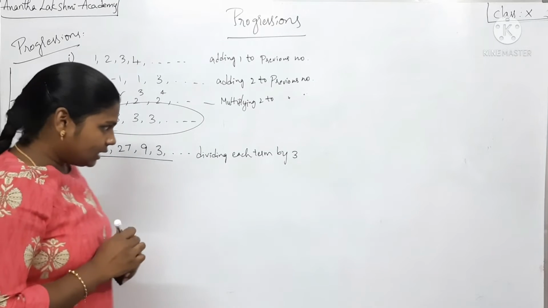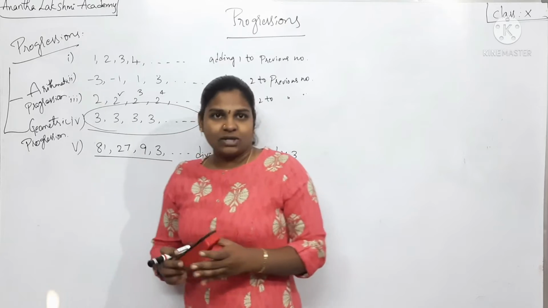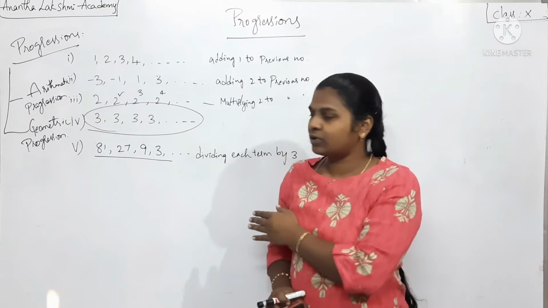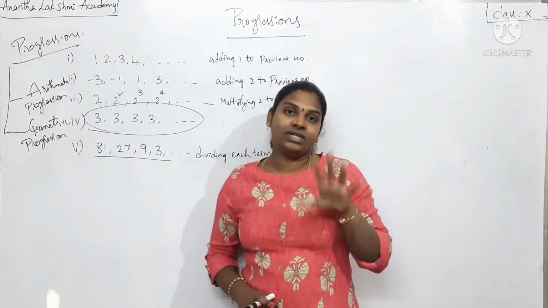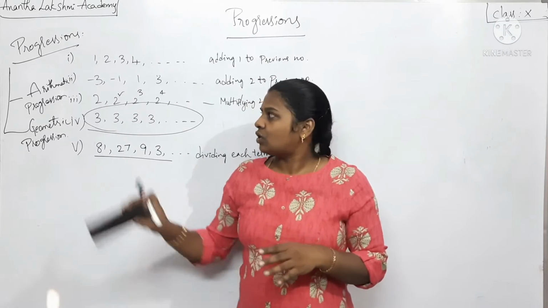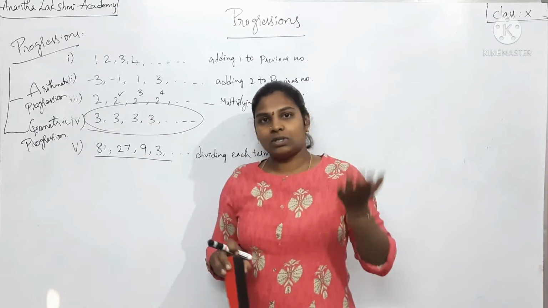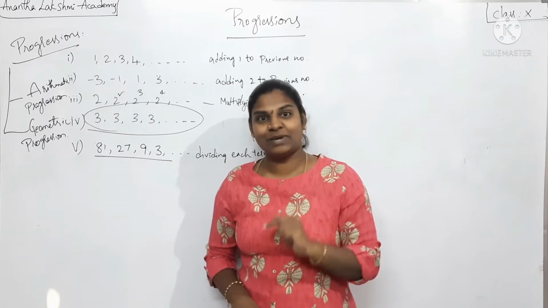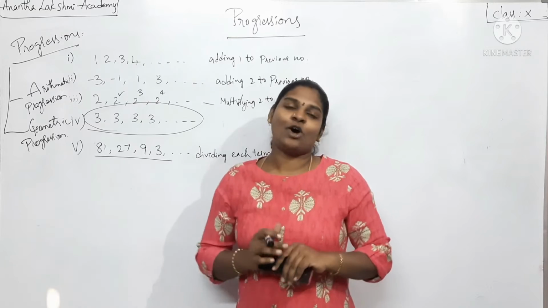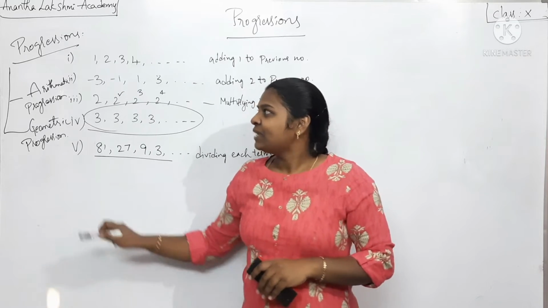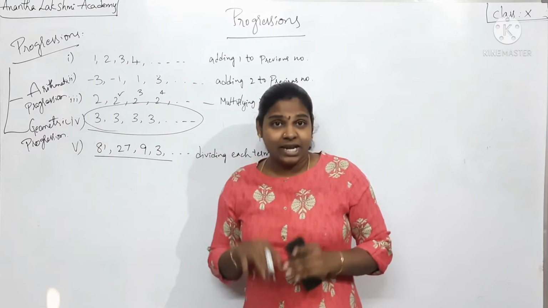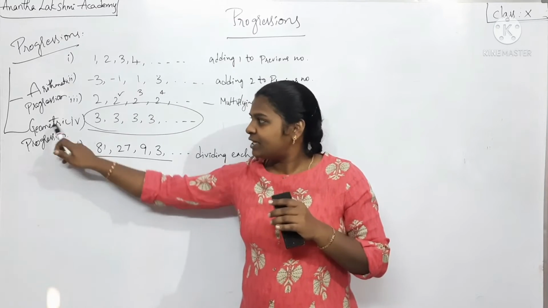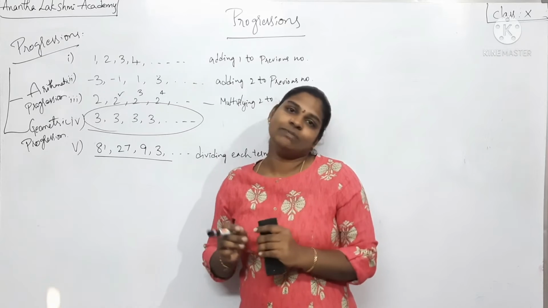So today, as part of the first concept, I am going to cover arithmetic progression. We have different kinds of progressions. Not only arithmetic and geometric, we also have harmonic progression, which is not in your syllabus, but when I was studying in 10th class, it was there. Arithmetic progression is in short known as AP, and geometric progression as GP.